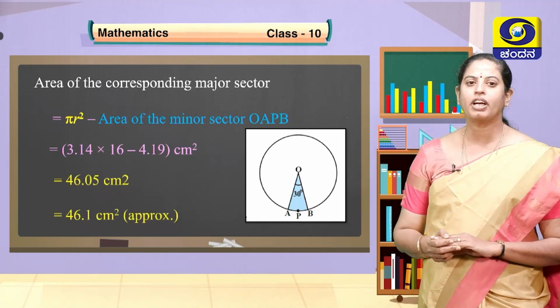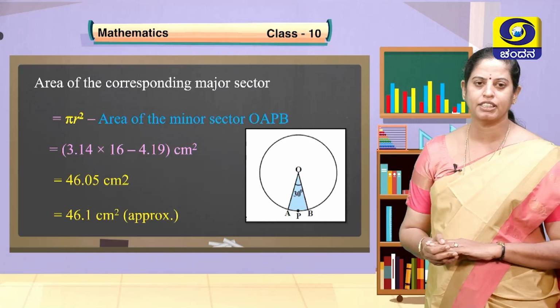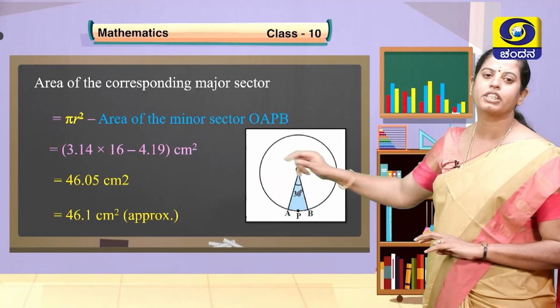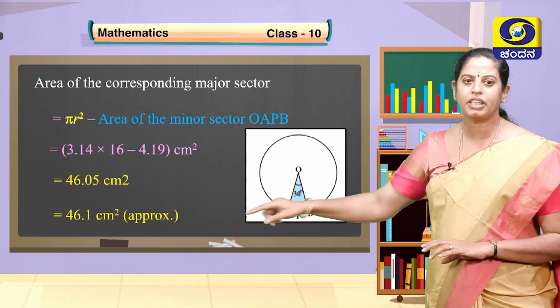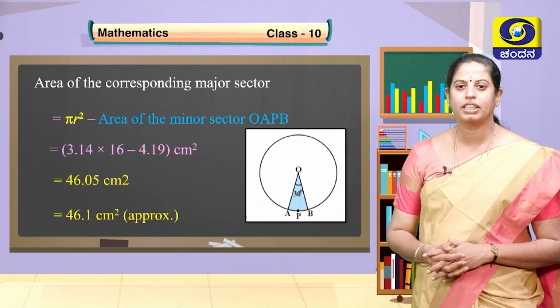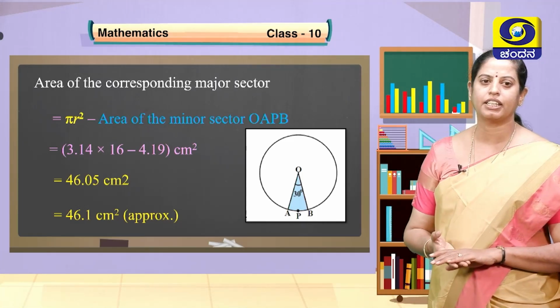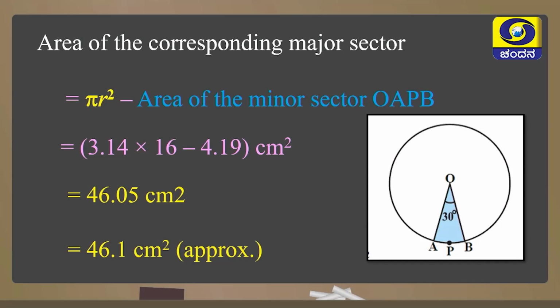When 4.19 is subtracted from the product of 3.14 and 16, we are getting 46.05, that is approximately equal to 46.1 centimeter square, children. Easy to remember. So, 46.1 is easier than 46.05 to remember. Hence, I am estimating that value as 46.1 centimeter square.